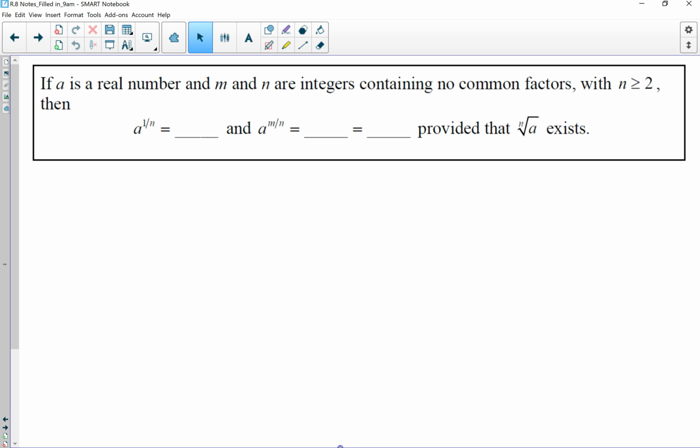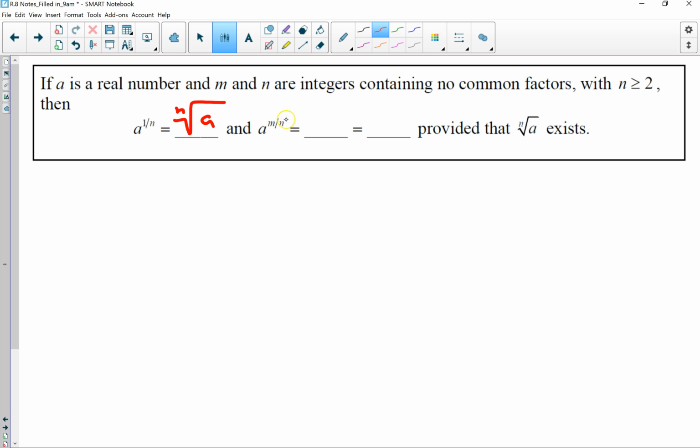So if I have some expression a raised to a fractional power 1 over n, that's exactly the same thing as the nth root. So I could rewrite this as the nth root of a. And it works in both directions. Sometimes it's easier to calculate things in that nth root form. Sometimes it's easier to calculate them in that fractional power form. But they're literally meaning and performing the exact same operation.